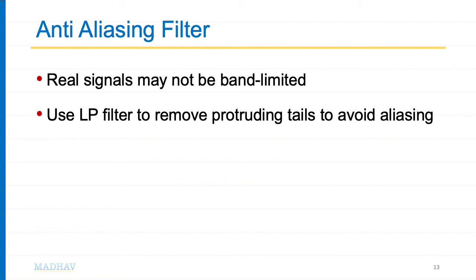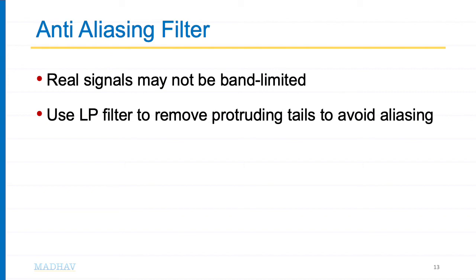Let's say I'm interested only in up to 1000 hertz, or let's say in speech, I'm interested only in up to 3000 hertz. For example, in the earlier days when telephones were there, they wanted to minimize the amount of information sent over the channels so that they could send information very quickly.